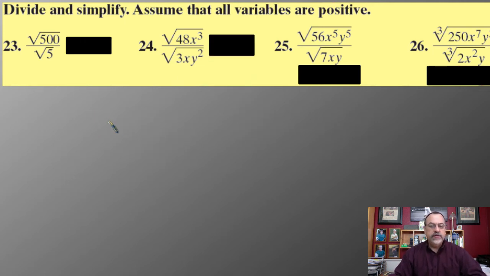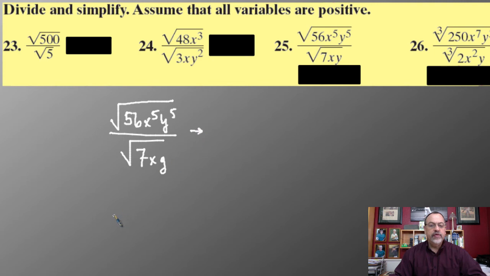Alright, so for number 25 here, I have the square root of 56x to the 5th y to the 5th, over the square root of 7xy. The indexes are the same, so I'm going to go ahead and reduce what I can. 7 into 56, well, 7 times 8 is 56, so that leaves an 8. So I have the square root of 8 up here.